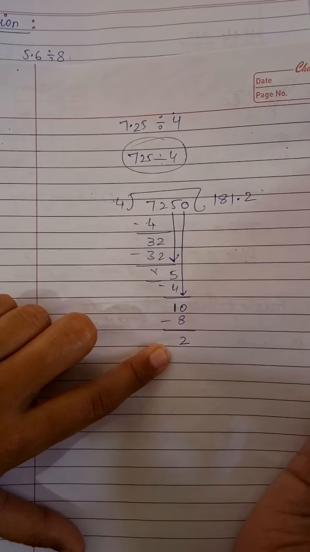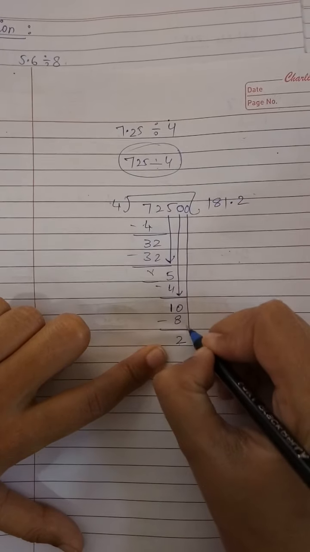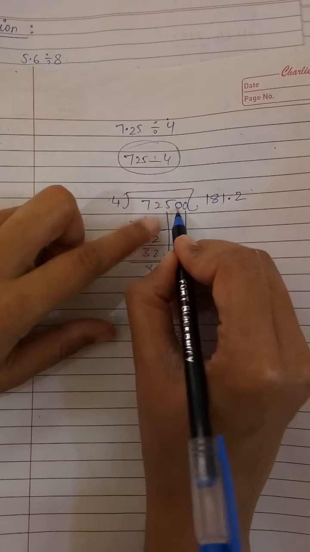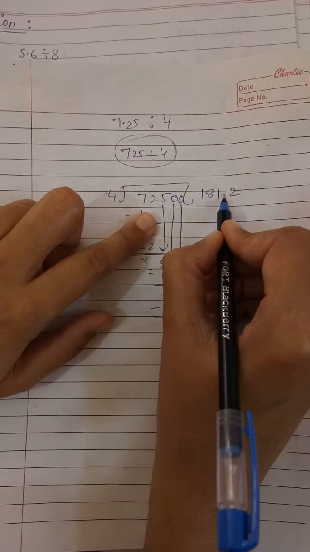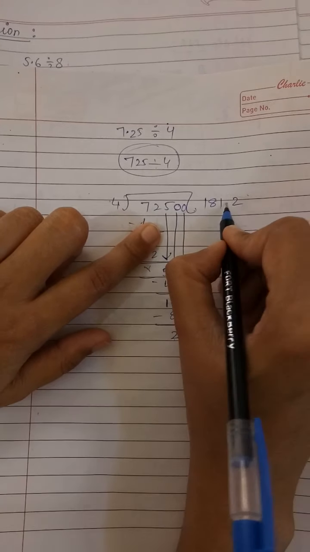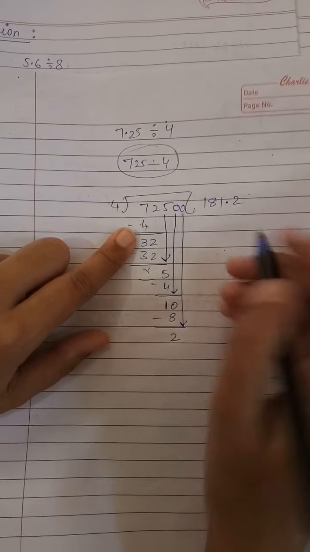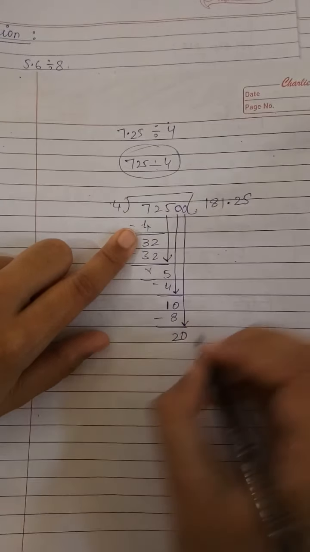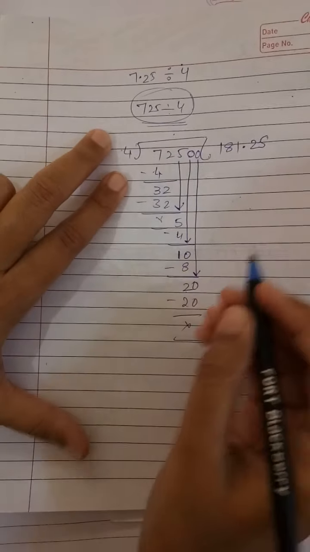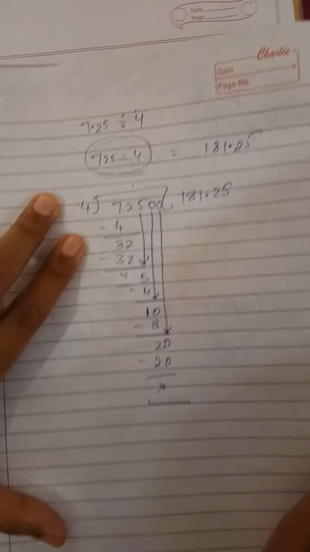Again my remainder is coming, so again I am going to take the 0 over here. Since we have taken 0 once, and because of that 0 we have placed the decimal, now we can put zeros as many as we want, and the decimal will be placed only once. So no more decimal we have to place now. 0, 5 it will be. So when I divided this, my answer came 181.25. This is my answer.